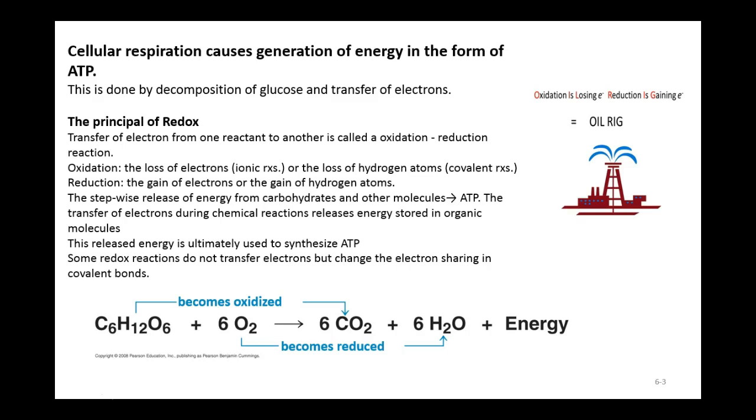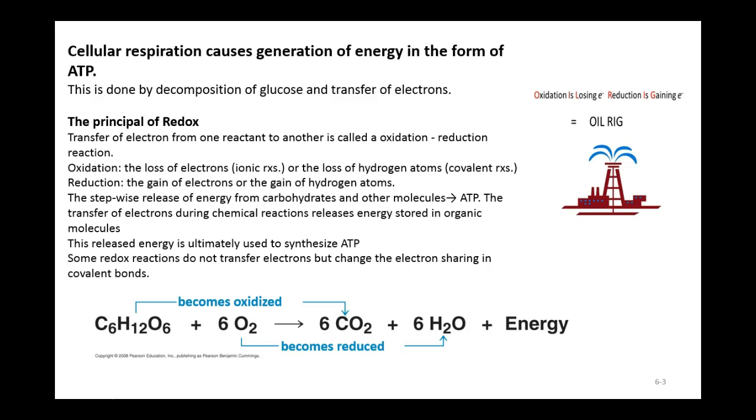So we are referring to an entire hydrogen atom and looking at its electron going into the electron transport chain, and that means we have a positive hydrogen ion floating around somewhere, and we'll talk about that. So remember, with covalent reactions, you're mostly looking at the entire hydrogen atom, which will be one proton, one electron. Reduction is the gain of electrons or the gain of a hydrogen atom.